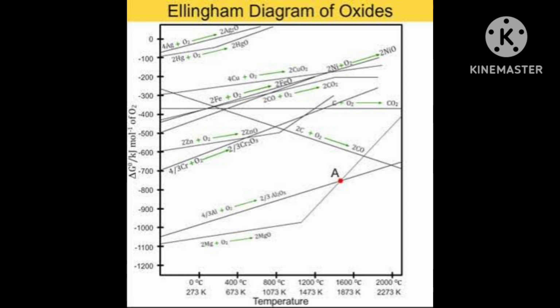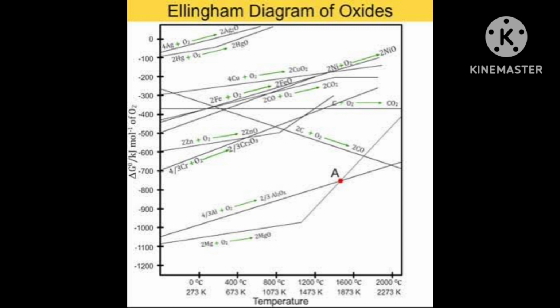In the Ellingham diagram you can see each plot is a straight line except when some change in phase takes place.